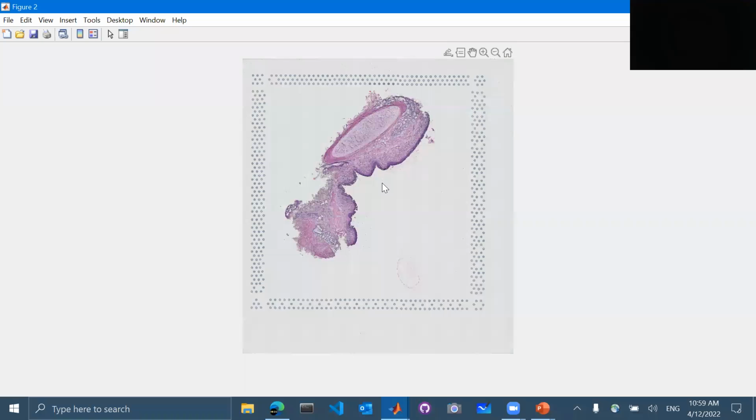I don't want to use Euclidean distance because if you have a curved shape, from this point here to the shape, you cannot go direct distance. You have to move along this tissue and compute a more realistic distance.